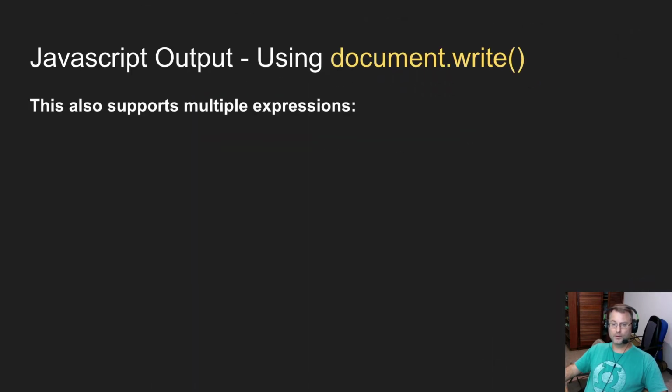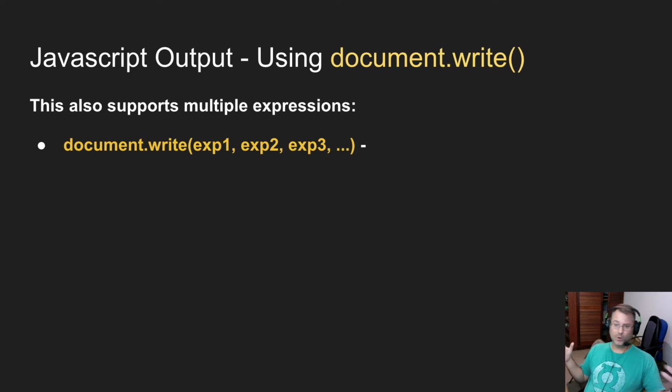Another important thing to consider about document.write and WriteLine is they support multiple expressions. This means that you can pass in as expression 1, in quotes, a set of text, and then in expression 2, as long as it's comma separated, you could pass in a function, comma 3, and so forth, ad nauseam. You could keep appending to this. There are a number of multiple expressions that you could use on the document.write.